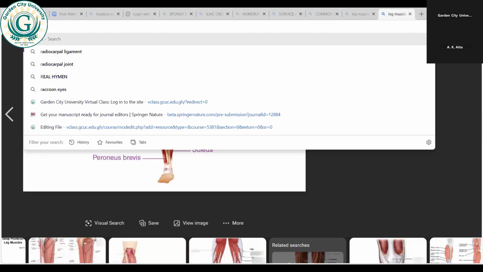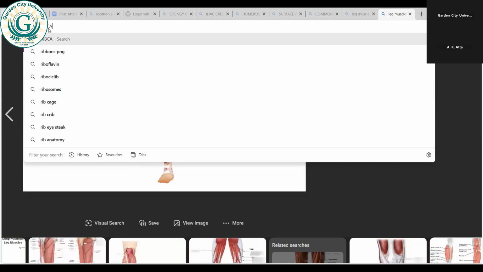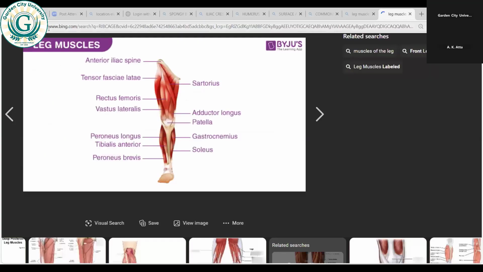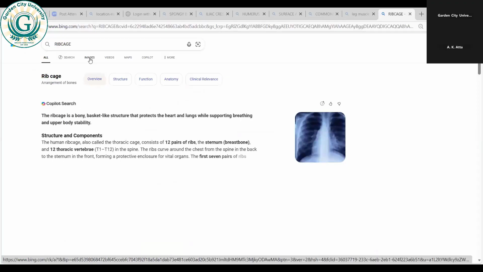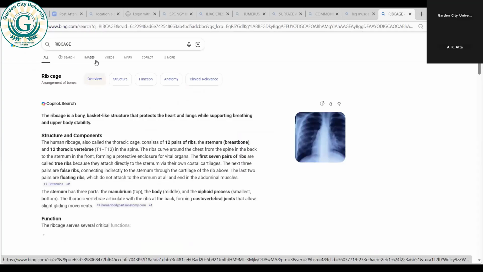So if you look at the rib cage, next semester we'll be looking at the respiratory system.